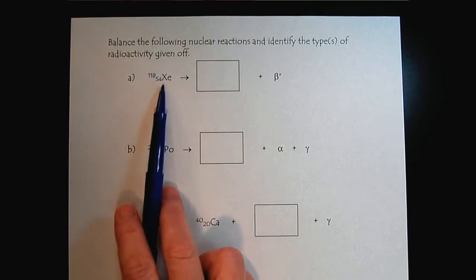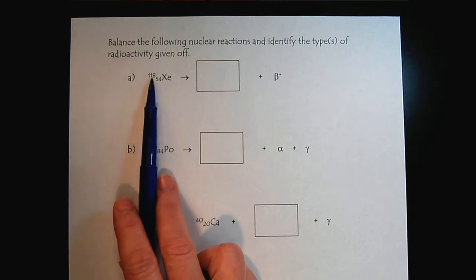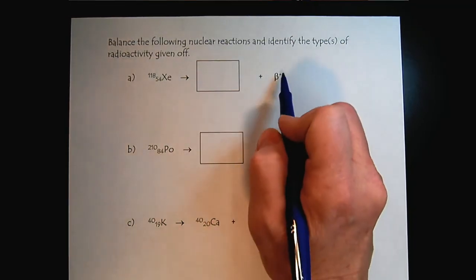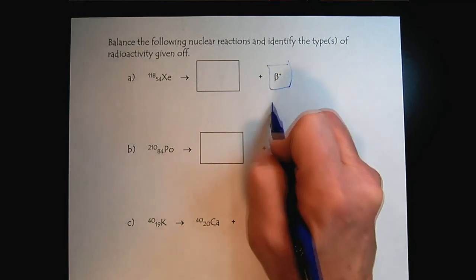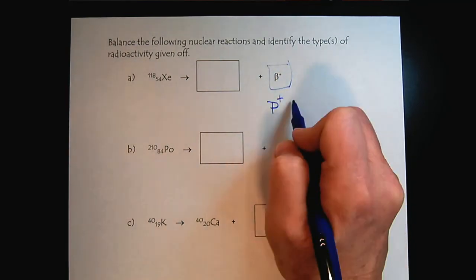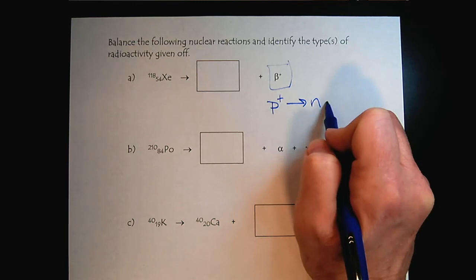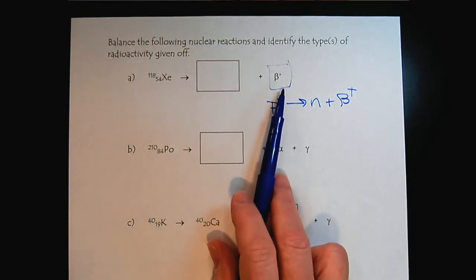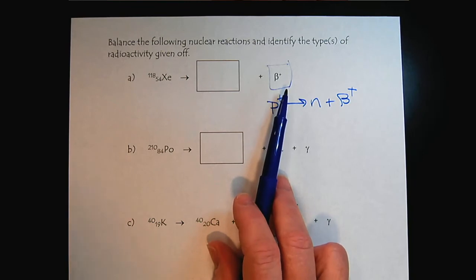So here we have xenon-118, and we notice that it releases a positron, a beta plus. So this piece here is telling us we started with a proton and it went to a neutron plus a beta particle. So we get all of that from knowing that it's positron emission.